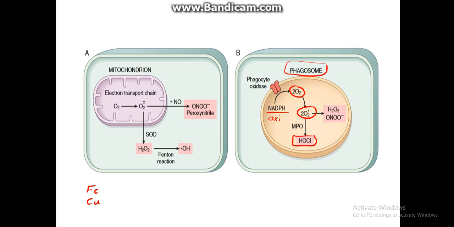We said that superoxide dismutase turns superoxide into hydrogen peroxide. And hydrogen peroxide, when there is excessive iron or copper or a metal, will turn into a hydroxyl via the Fenton reaction. And this is why we get tissue damage in diseases such as Wilson's disease, which is an excessive accumulation of copper, or hemochromatosis, which is an excessive accumulation of iron. We will continue in the next video.